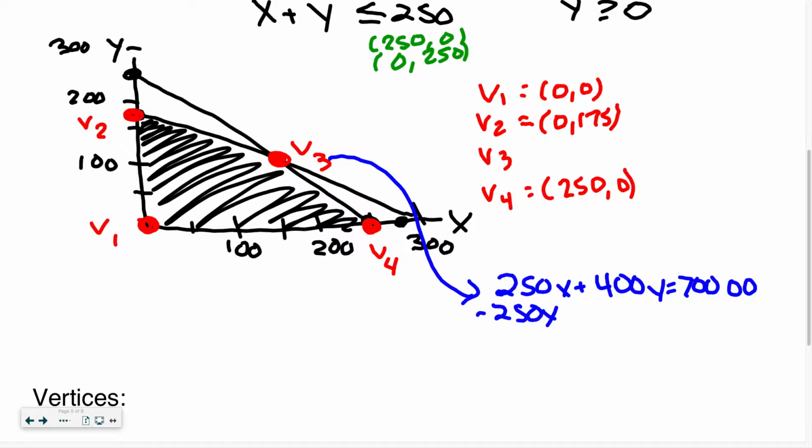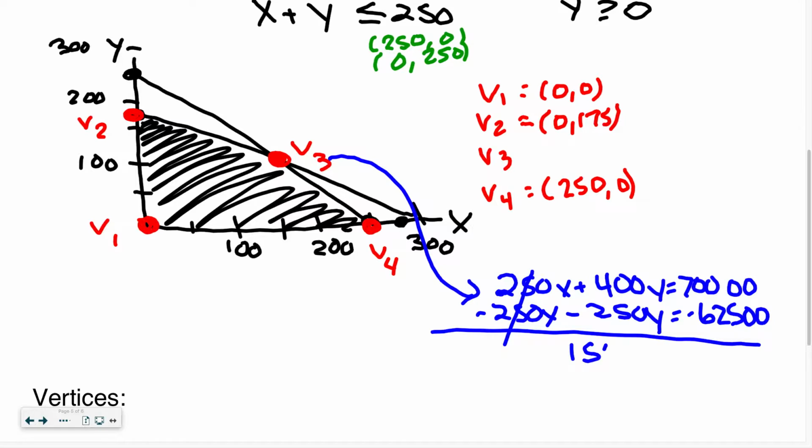So that would be negative 250x minus 250y equals negative 62,500. And that'll be 150y equals 7,500. So y equals 50. And then that's really easy if I plug back into x plus y equals 250. If y is 50, then x is 200.